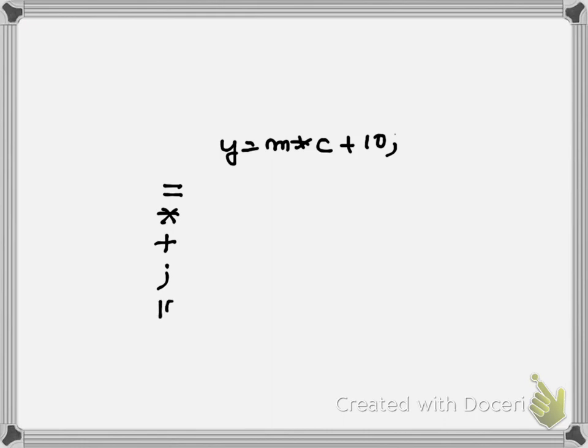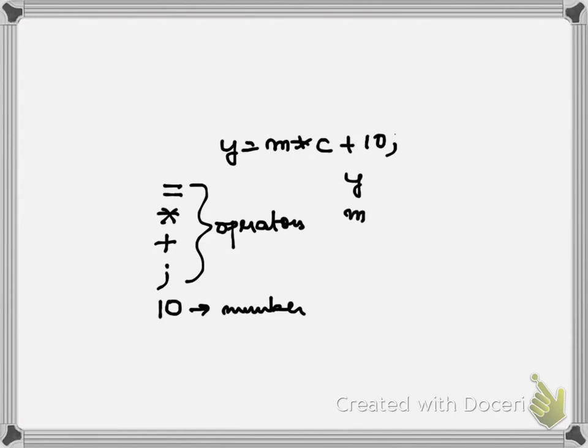Similarly, we have to say that this is a number. These are operators. And all these y, m, c are called identifiers. So the language definition must give this information to the lexical analyzer.